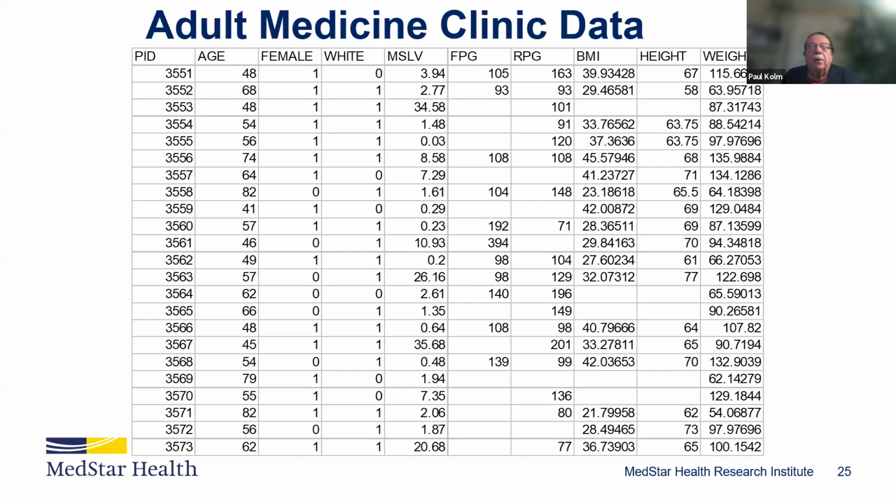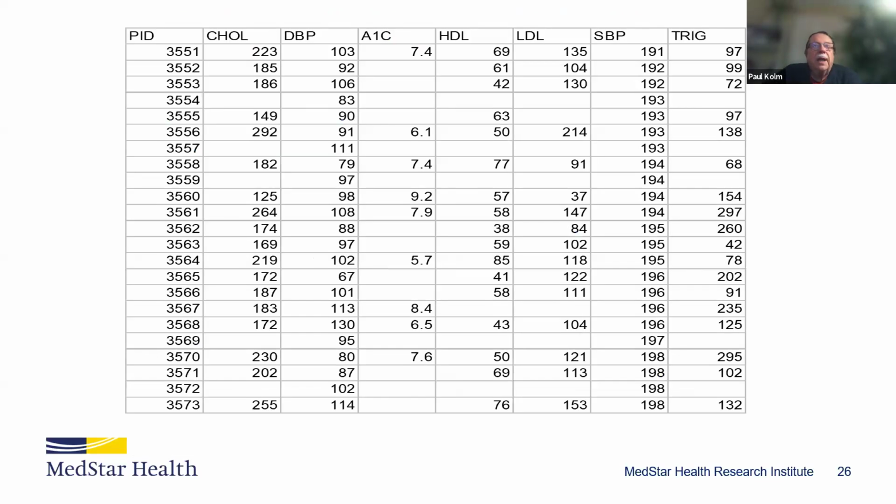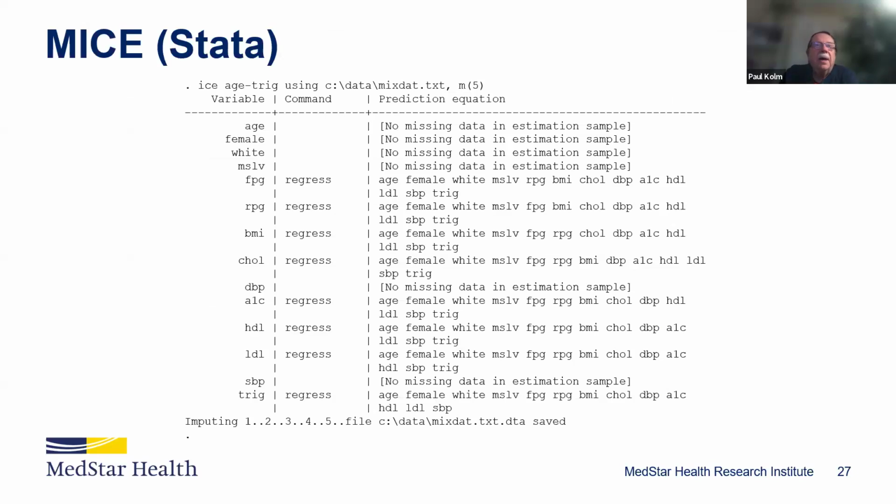And for some of the other variables, like cholesterol, A1C, the HDL, LDL levels are missing data. But I believe that there was complete data for blood pressure, both systolic and diastolic. So we have a data set that has some missing values for variables that we are interested in as far as predicting our outcome.